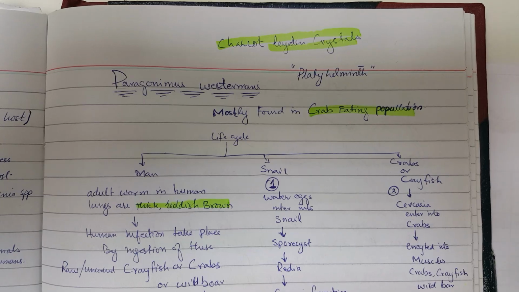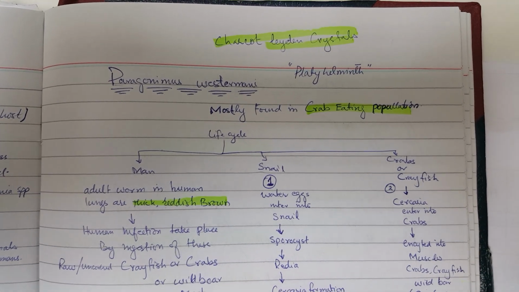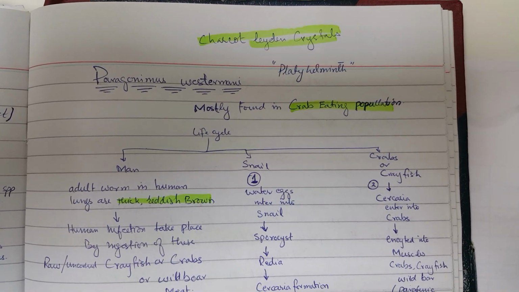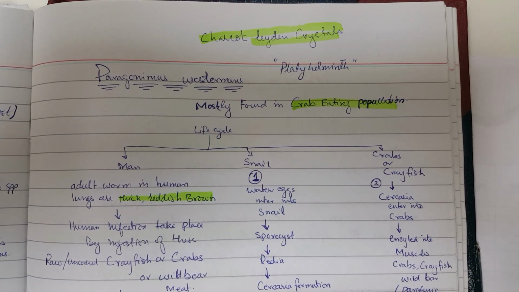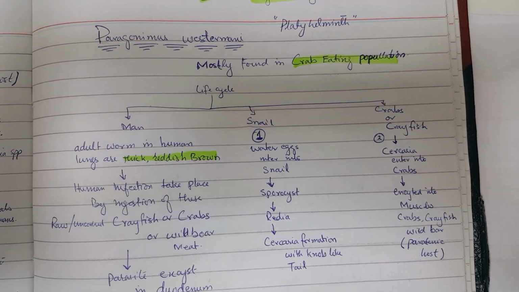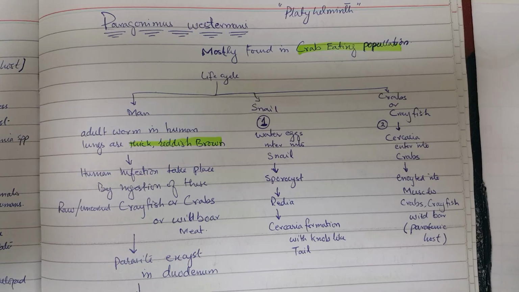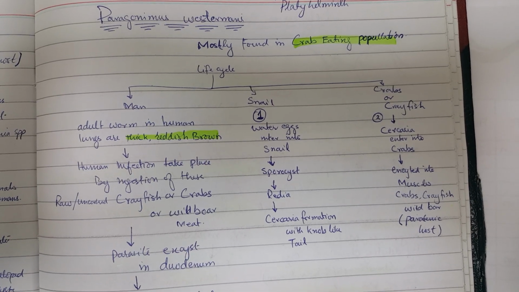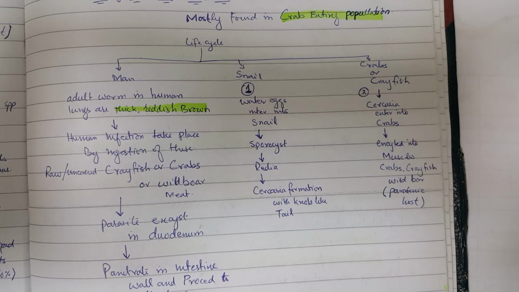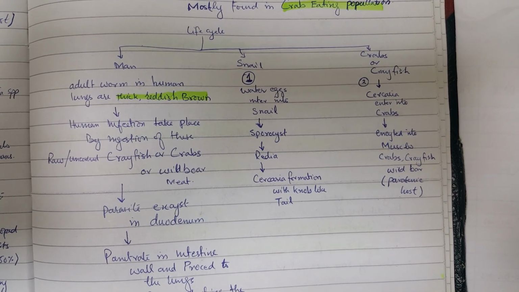In Paragonimus westermani, Charcot-Leyden crystals are found, and it is mostly found in crab-eating populations. As we explained previously, the life cycle involves three different hosts. Number one is the snail, where the egg in water enters the snail, forming sporocyst, redia, and cercariae with a knob-like tail.